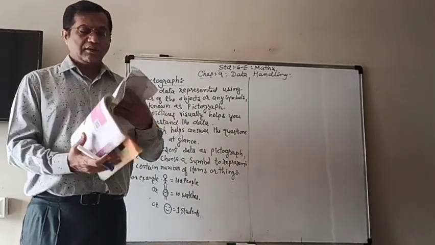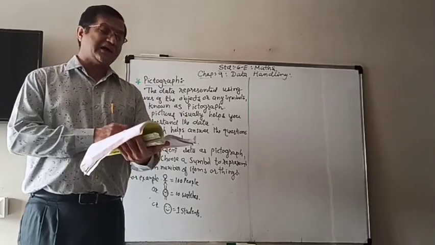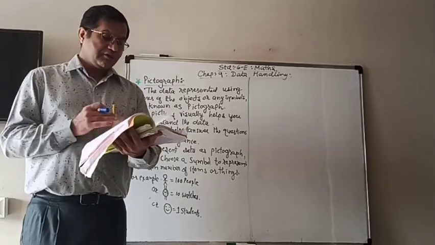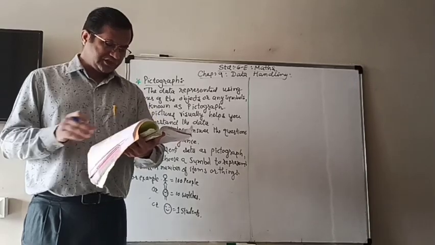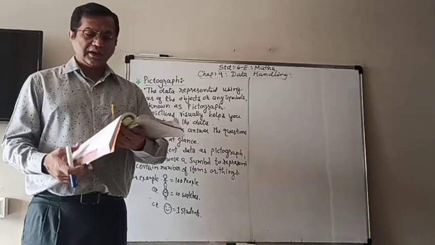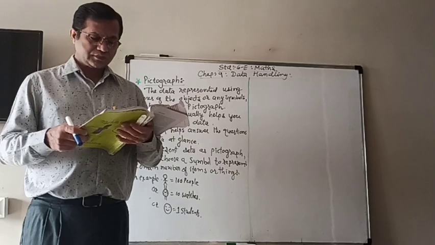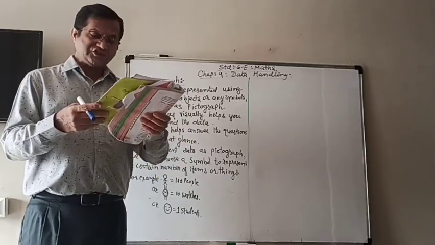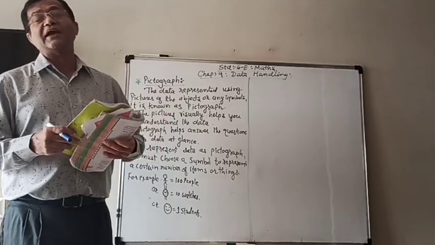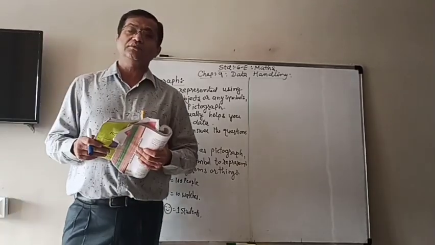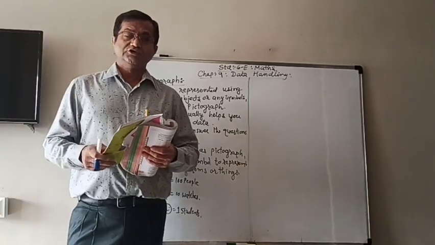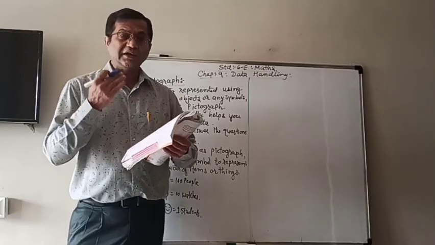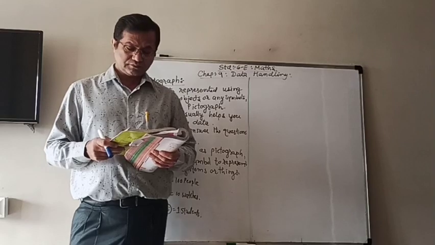Now, when you have to give answers from the pictograph, we will understand with the help of some examples. Look at page number 189 in your book. You have to simultaneously look at the book while watching this video.